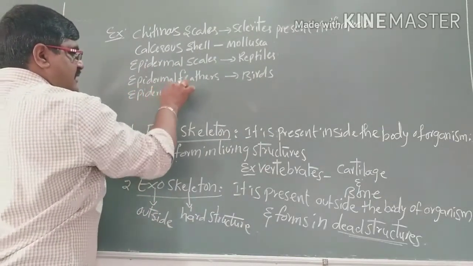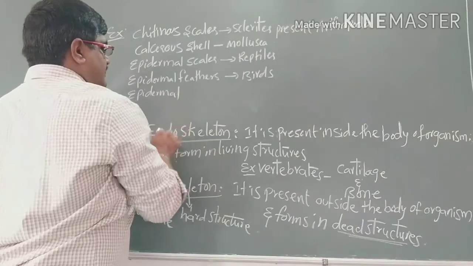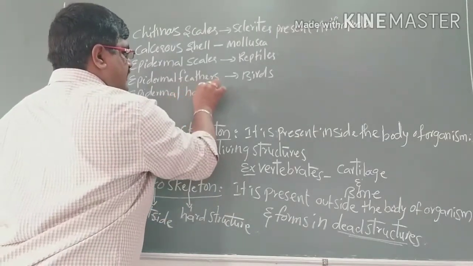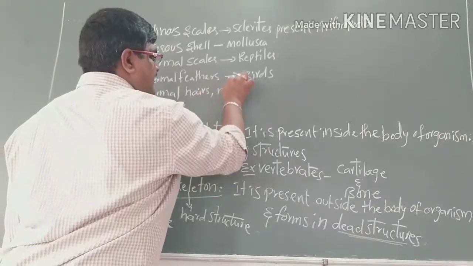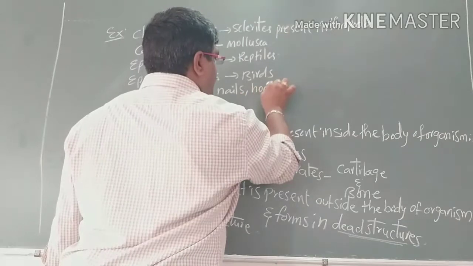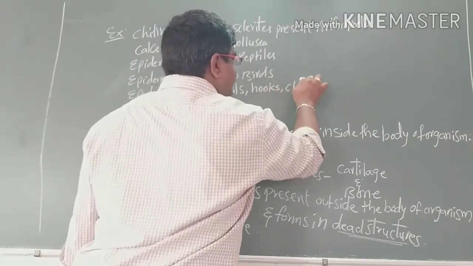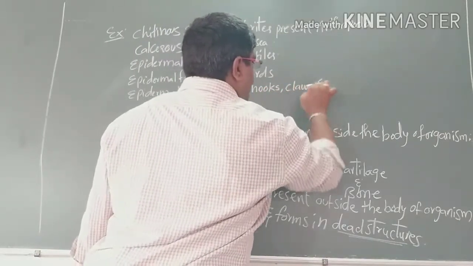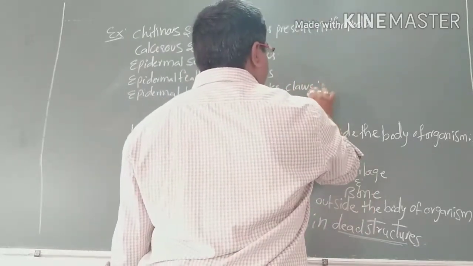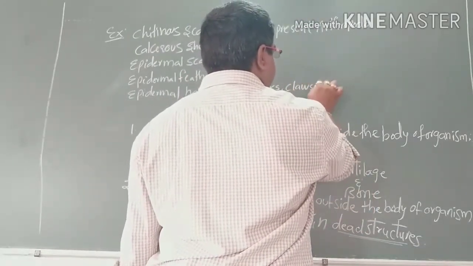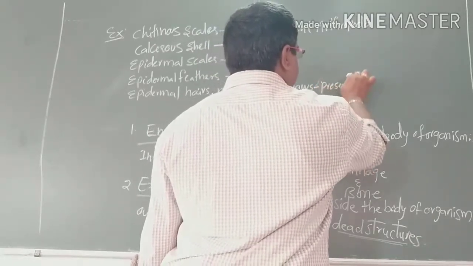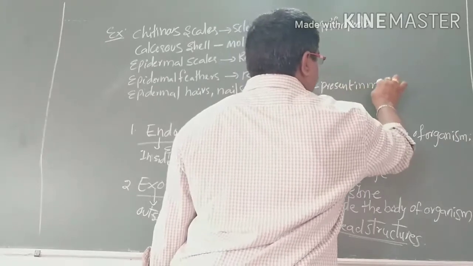Epidermal hair, that means epidermal hairs, nails, hooks, claws, and hoofs. That is, hooks and claws are present in mammals.